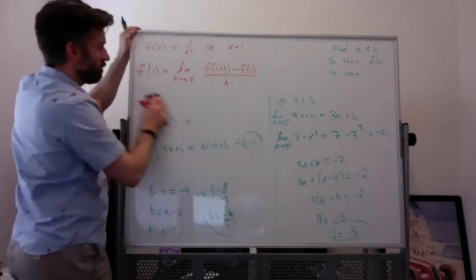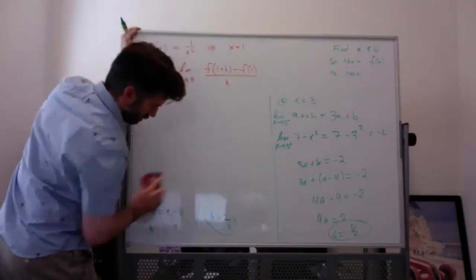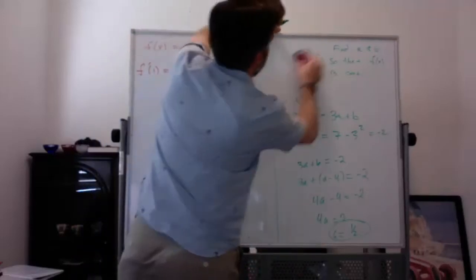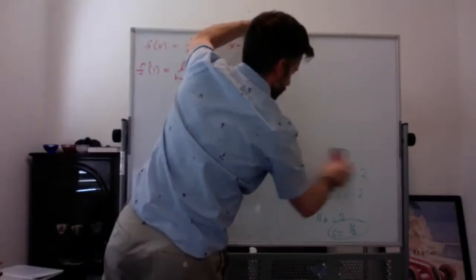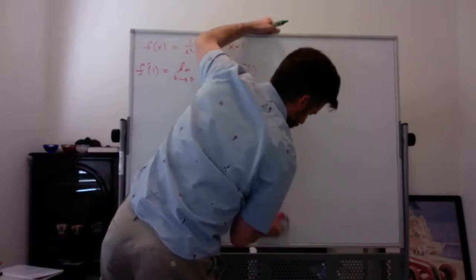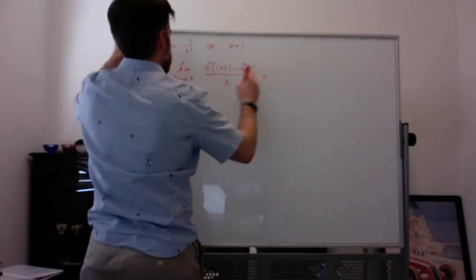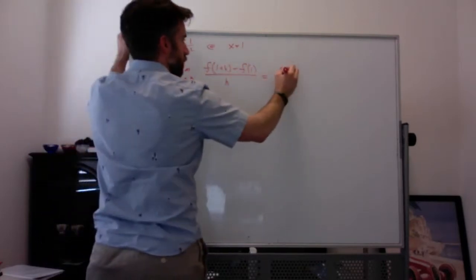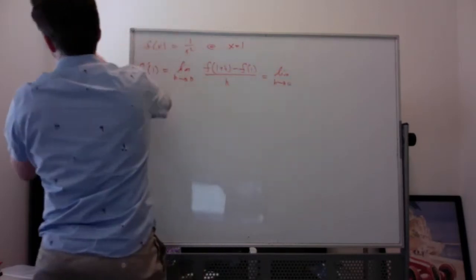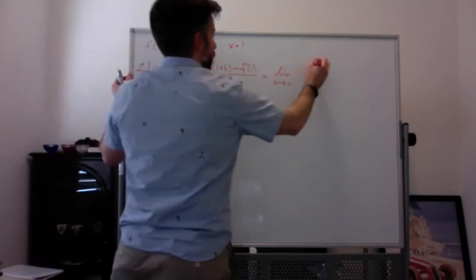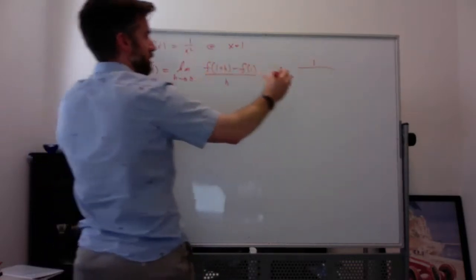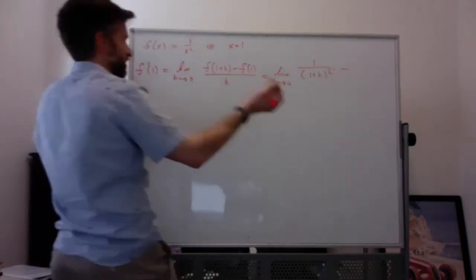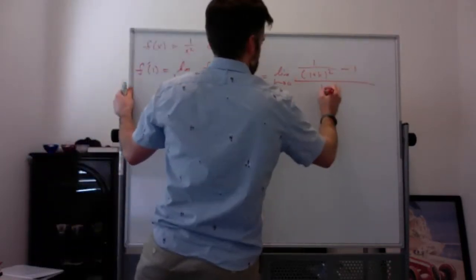And then I would actually plug it in. So f of x is 1 over x squared, so it's 1 over, instead of x squared, 1 plus h squared, minus f of 1, which is 1 over 1 squared, which is just 1, all over h.